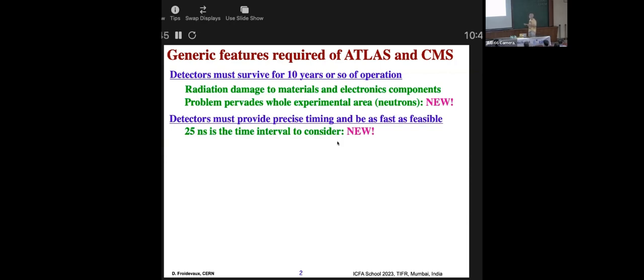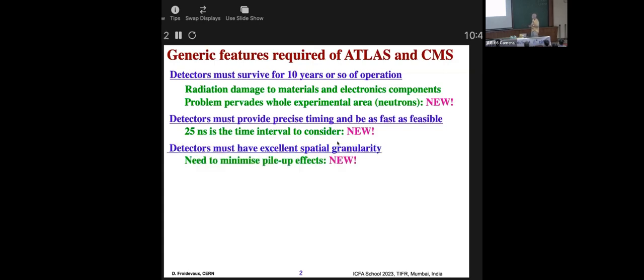So we had collisions for sure every 25 nanoseconds. You heard me tell you that we have up to 60 collisions every 25 nanoseconds in our detectors today. So this was also new, and this means you need fast detectors, or at least, if you're not fast, you need to be very precise in your timing to be able to say, I saw a signal at this moment in time, right?